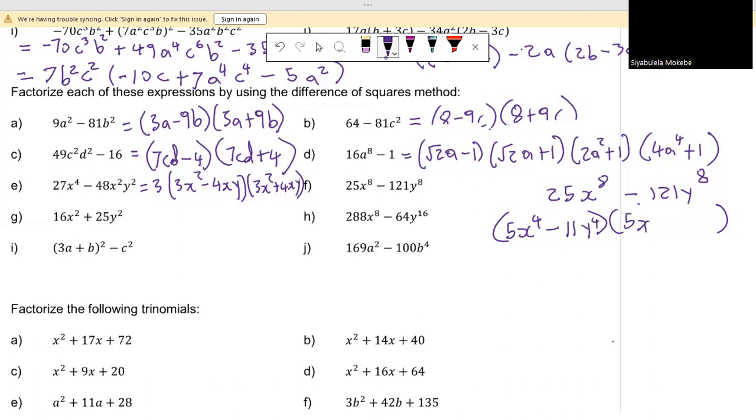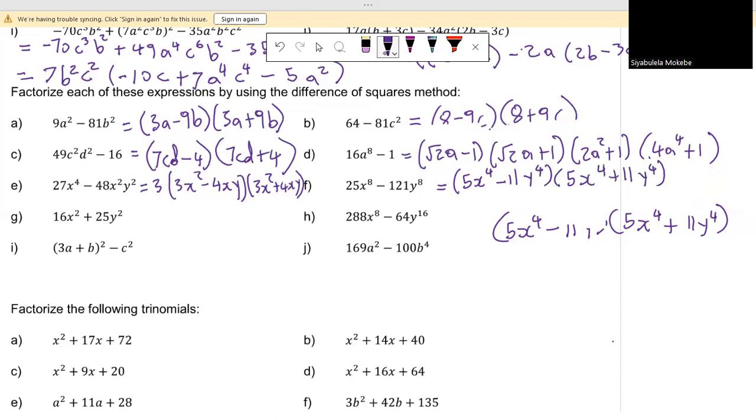So this equals 5x to the 4 minus 11y to the 4, then 5x to the 4 plus 11y to the 4. Okay.